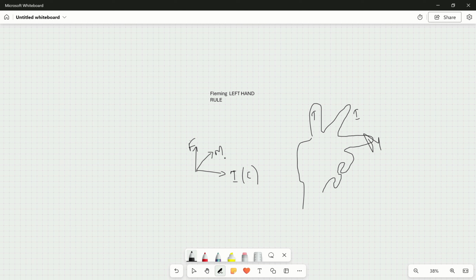So it is FMC: Force, Magnetic field, Current. This is the trick that I use for my exams, the trick produced by me.